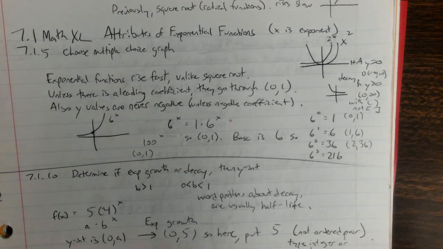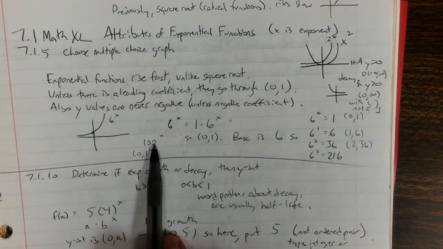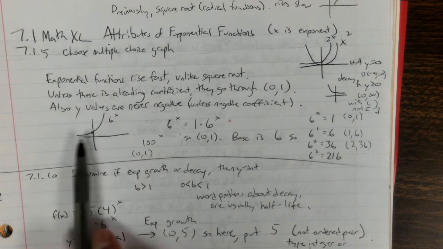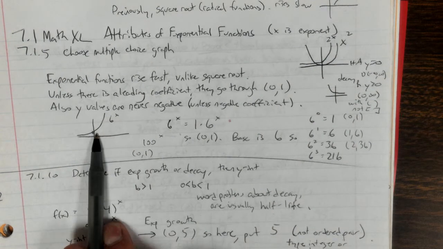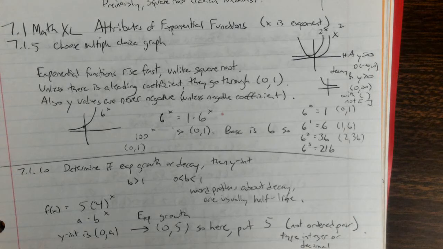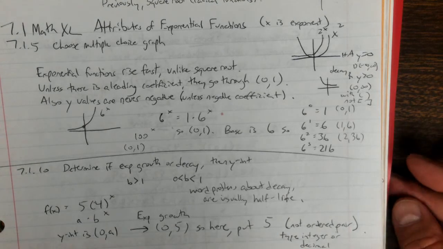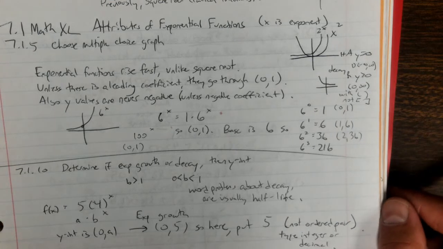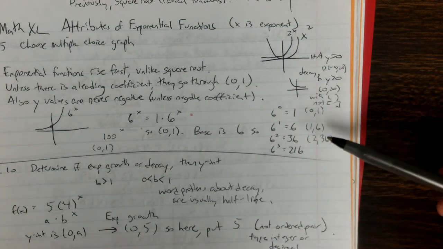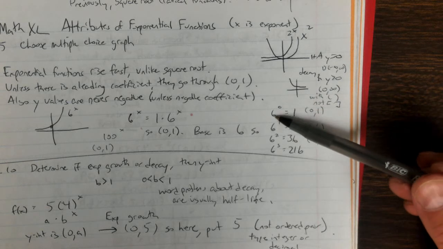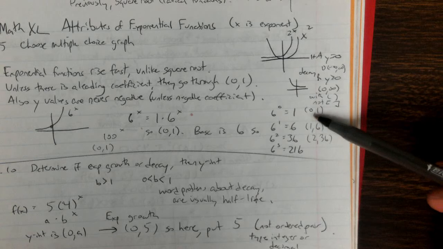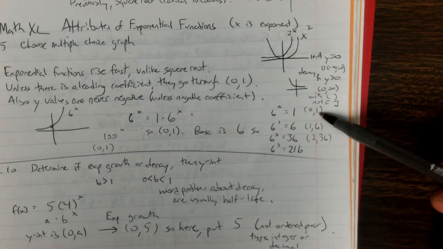Okay, so over here I just pointed out if you had 100 to the x, it would still go through 0, 1. So the 6 to the x graph would look like that and go through 0, 1. Since x is your variable, think about it has to be different real numbers. In particular, we're going to focus on the integers. So 6 to the 0 is 1, that's your ordered pair 0, 1.